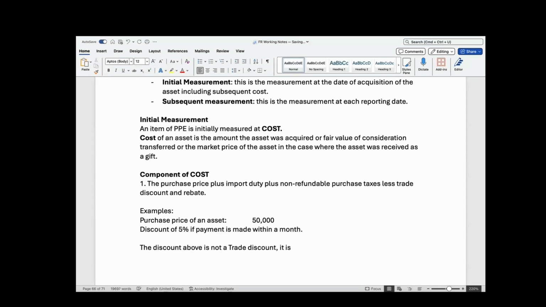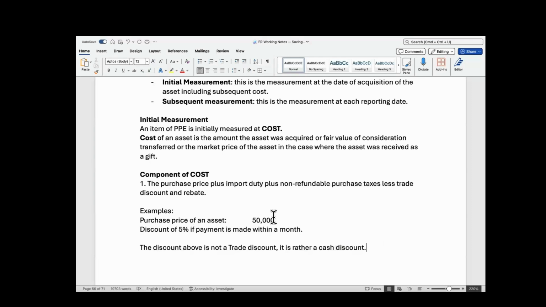It is rather a cash discount. This is not the discount we are saying you should deduct. And why can't we deduct this? Because this discount is not certain. It's not certain that you will get it.